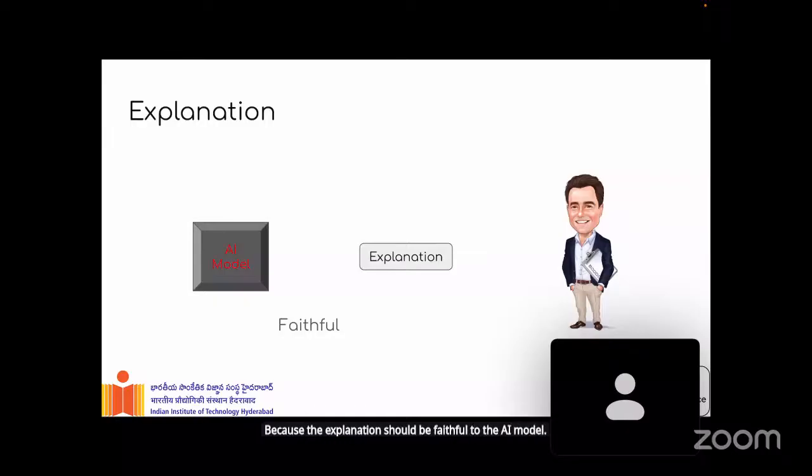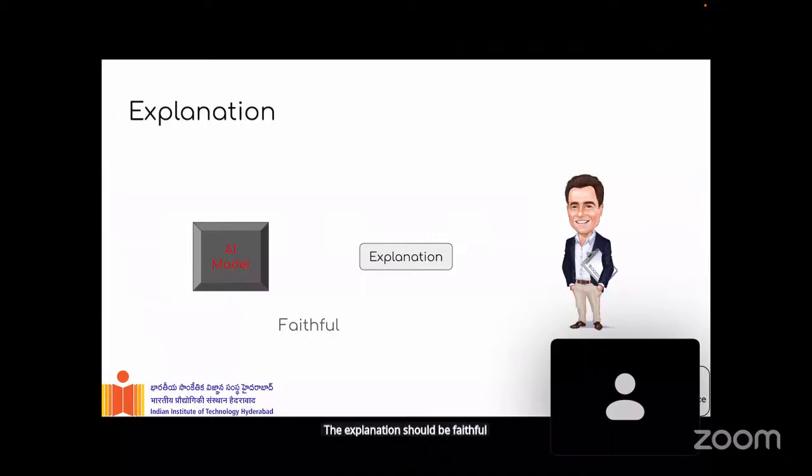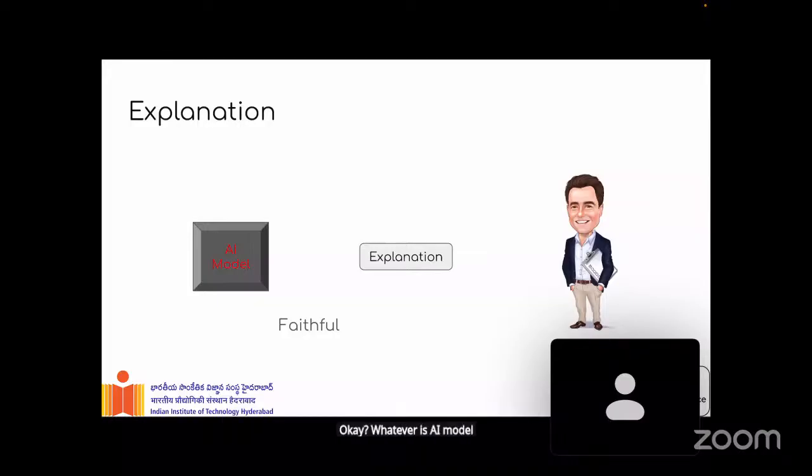We don't want the AI model doing one thing and the explanation reporting something else. That means whatever the AI model is doing, the explanation should bring out accurately. The explanation cannot misinterpret the reasons behind it. Whatever the AI model is doing, that is exactly what the explanation should be.